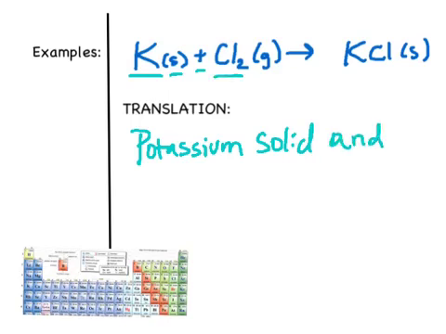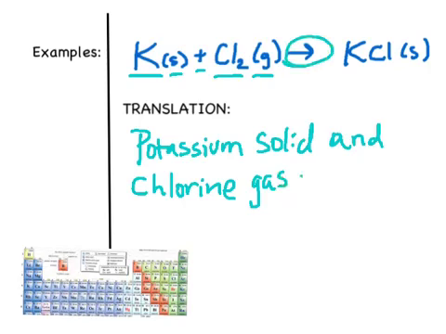Cl2, which again, remember, Cl2 is chlorine gas, right? Because he's a diatomic gas. So the little G behind it also means gas. All right, the next symbol is our arrow, reacts to form.